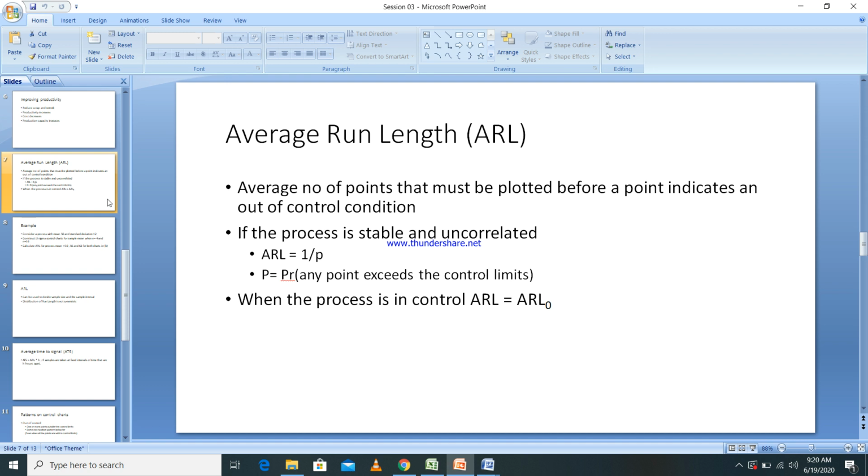The average run length means the average number of points that must be plotted before a point indicates an out of control condition.